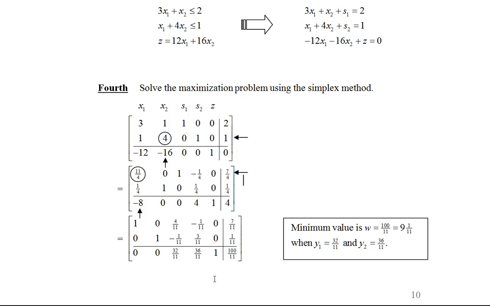In a minimization, the max and min value is always the lower right-hand corner, but depending on what problem it is, you read it differently. So whatever your slack variables are, this becomes my y1, my y2, and you read down. So my y1 is 32/11 here, while my y2 is 36/11.